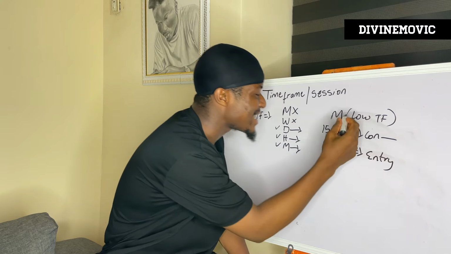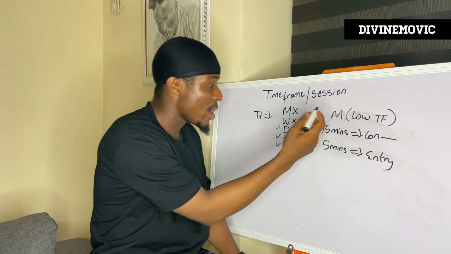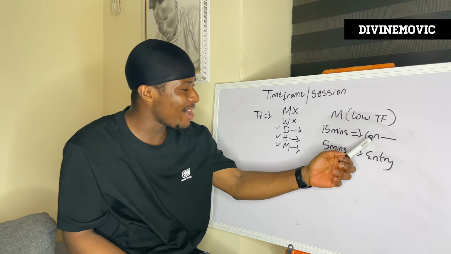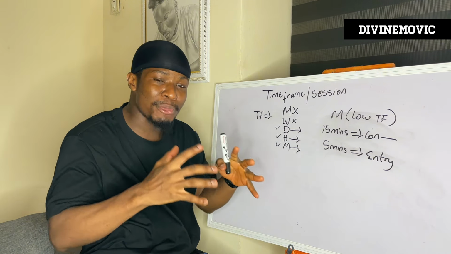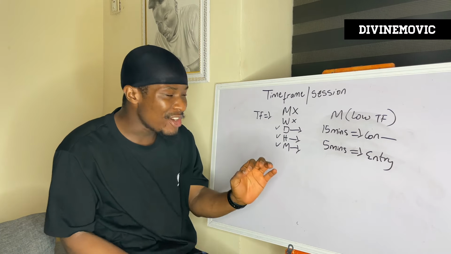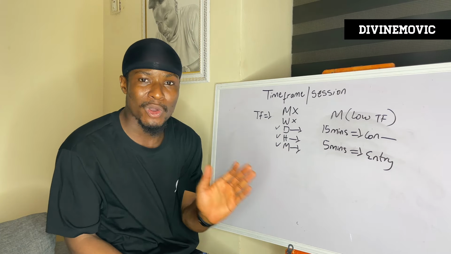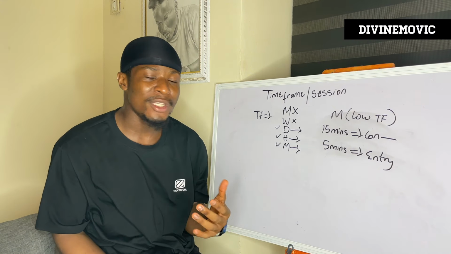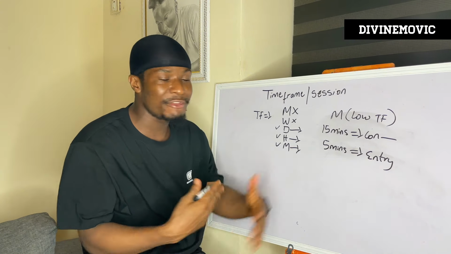But you can actually enter at any of these time frames here. So what it is basically for is for you to confirm your setup is ready or not, and as well for you to enter. So these time frames are simply used for confirmation and as well entry. Depending on the kind of trade, you can simply choose to switch time frames.